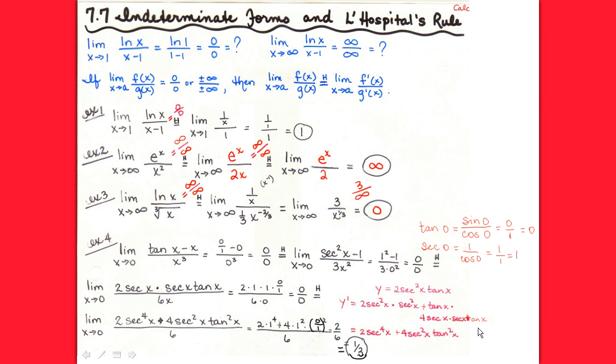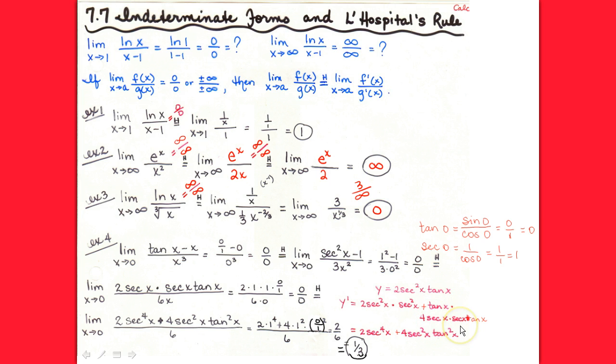Look at that whole thing one more time. It's a product, so first times derivative of second. Derivative of tangent is secant squared. Plus second times derivative of first. The first was 2 secant squared, so chain rule: outside would be 2 times 2 is 4 secant to the first, and then the derivative of secant is secant tangent.